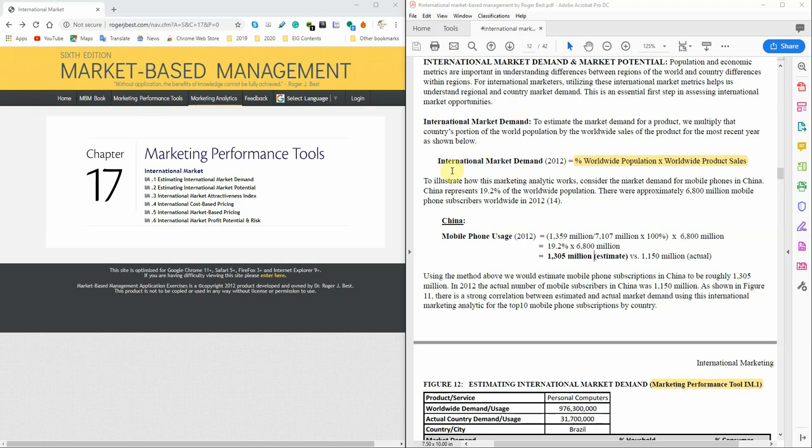Here is a simple formula for international market demand. To calculate international market demand, we multiply worldwide product sales by the country's portion of the world population. The country's portion of the world population is an indicator of the size of the country market.